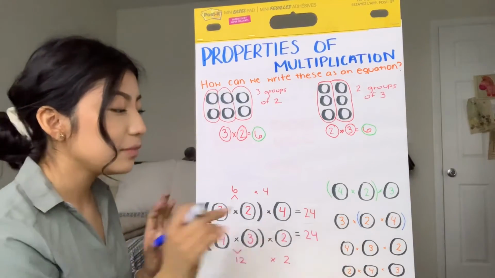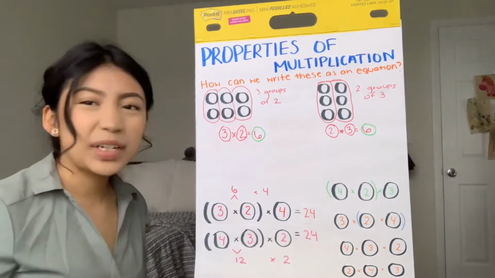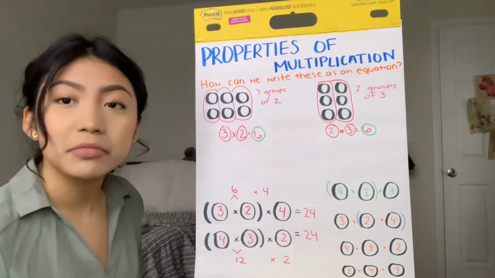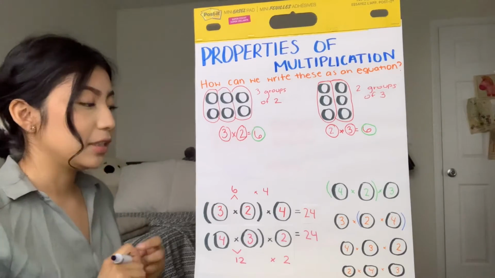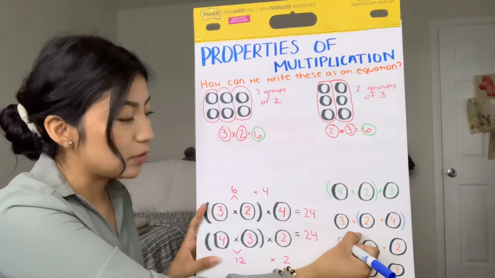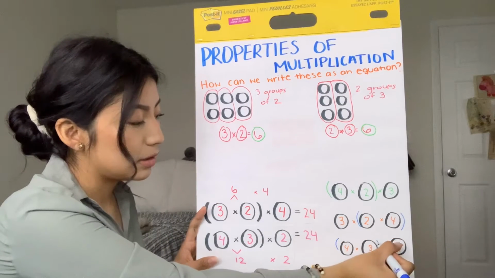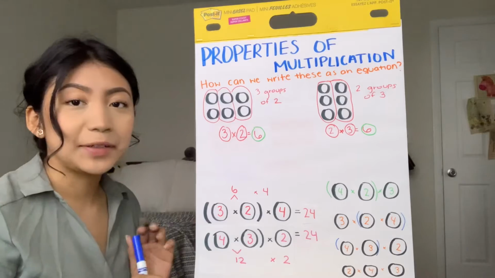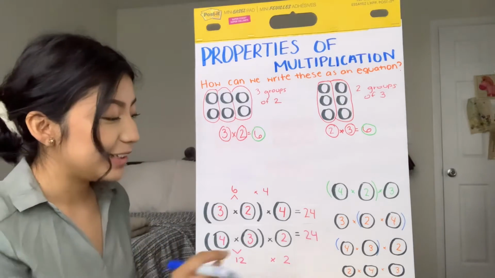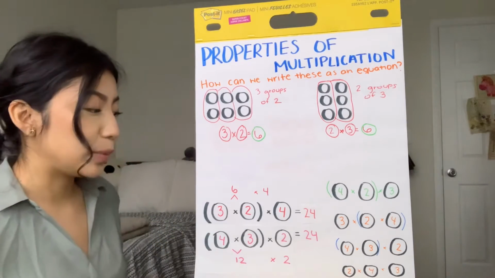Okay. What about this? Where do you guys want to put parentheses? It doesn't matter. You guys can tell me between which numbers. Okay, you want to do between 4 and 3. Oh, it looks a little funny, but that's okay. And then we'll do our last one. Where do you guys want to put the parentheses?